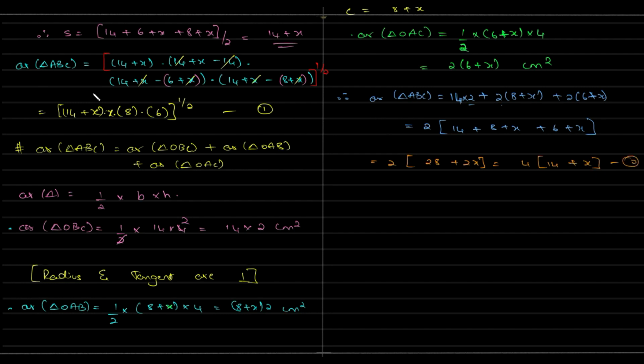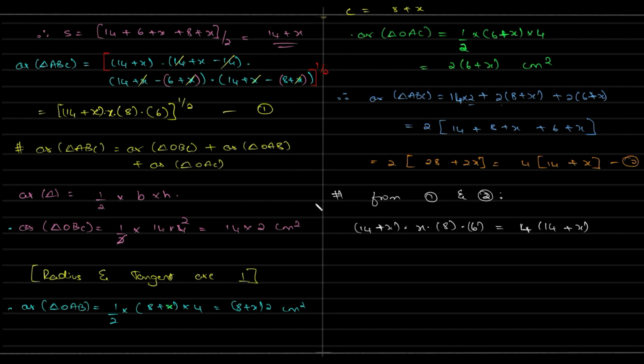Because equation 1 and equation 2 are talking about the same thing, we'll equate 1 and 2. Right? We have 14 plus x times of x into 8 into 6 is equal to 4 times of 14 plus x.